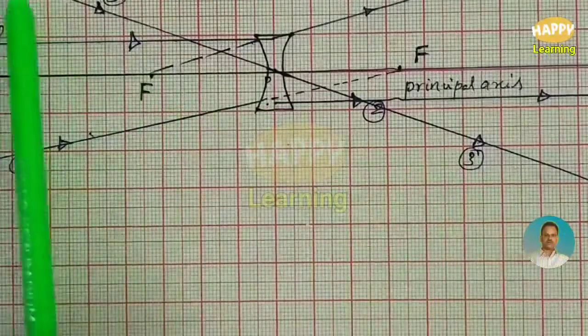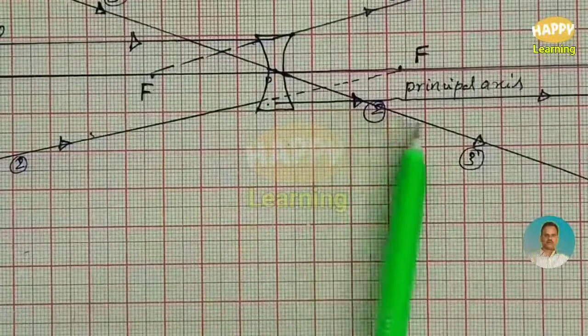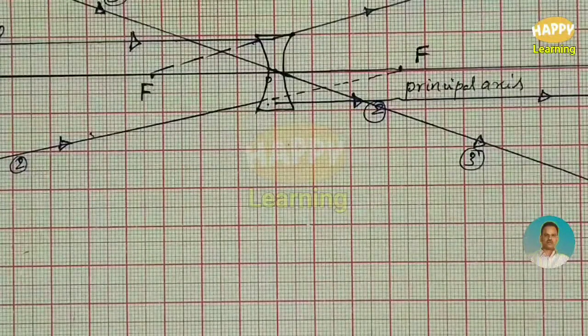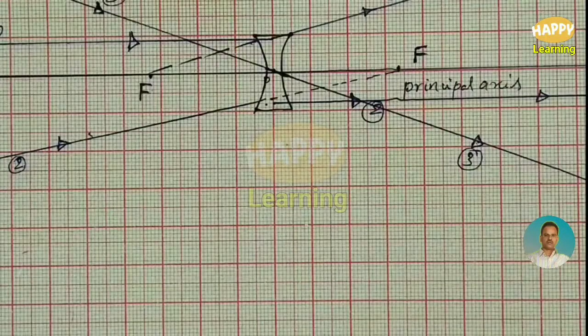There is no bending, there is no deviation at all. It passes straight in the same path. So these are the three rules related to a concave lens. For concave lens, we have fixed ray diagram. One ray diagram is enough for concave lens.